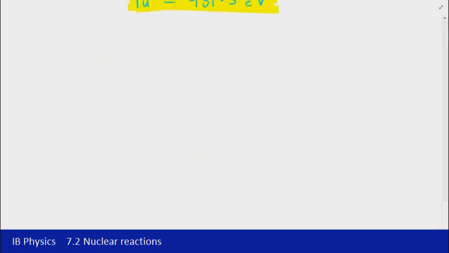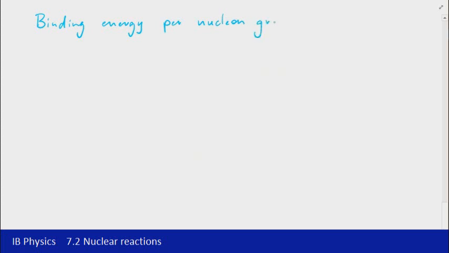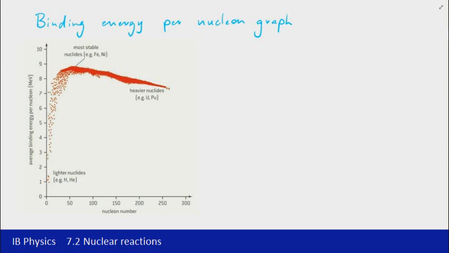The last thing, just to again reiterate, is the binding energy per nucleon. So we saw that for the larger nuclei the binding energy increases, but in order to determine where the most stable isotopes are, we need to look at the binding energy per nucleon graph, as shown here.